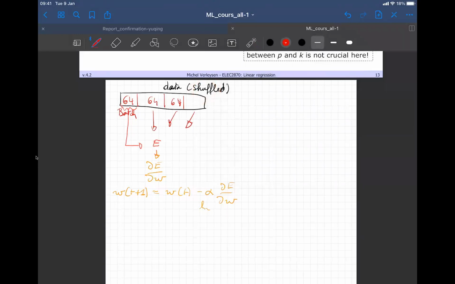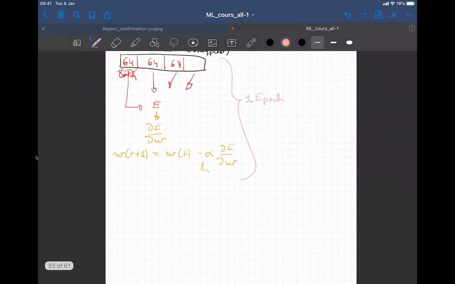And once you have done all of this one time, you say that you have gone through one epoch. This is one epoch, okay? And then you can repeat again. So you have epochs, and inside the epochs you have the batches.